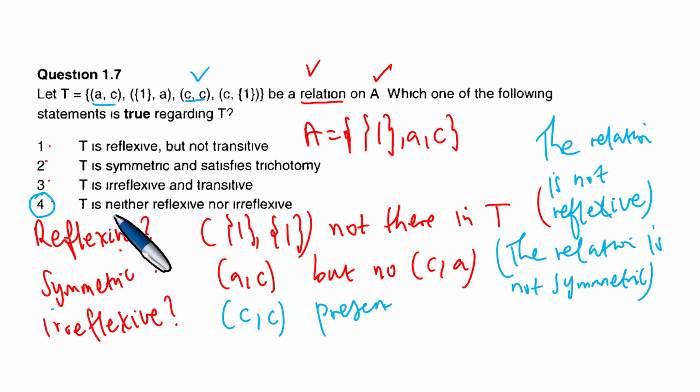We have seen that it is not reflexive, but it would not be irreflexive because we do not have enough elements to make it irreflexive, despite the fact that CC is present. We're yet to spend a great deal of time discussing these notions and solving a wide range of problems. Let us look at the next question.